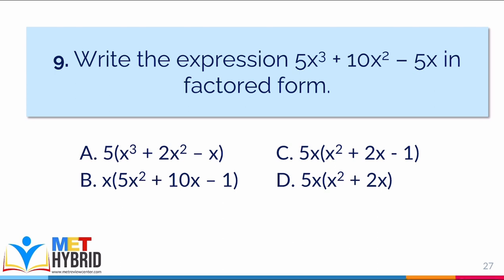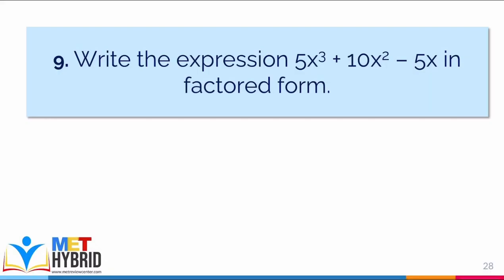Question number 9. Write the expression 5x cubed plus 10x squared minus 5x in factored form. So this will be done by common monomial factoring. We have to look for the LCM of each term. So if you notice, the LCM of each term is 5x.